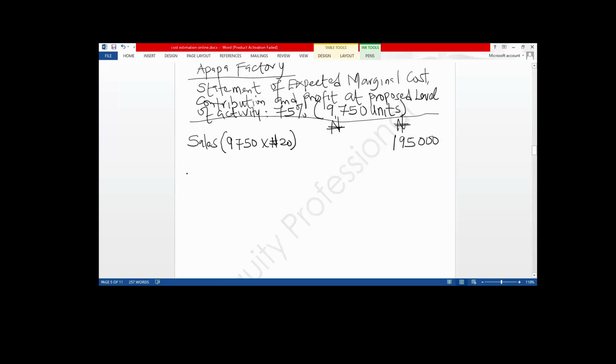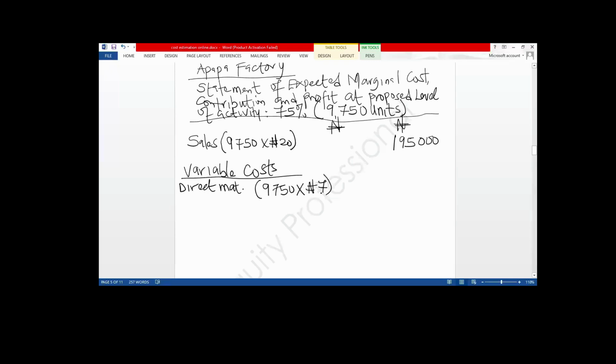Next, our variable cost. Remember, you are trying to get marginal cost, so you group all your variable costs together. Direct material cost is a variable cost. We are planning to produce 9,750 units. What is the material cost per unit? 7 naira.